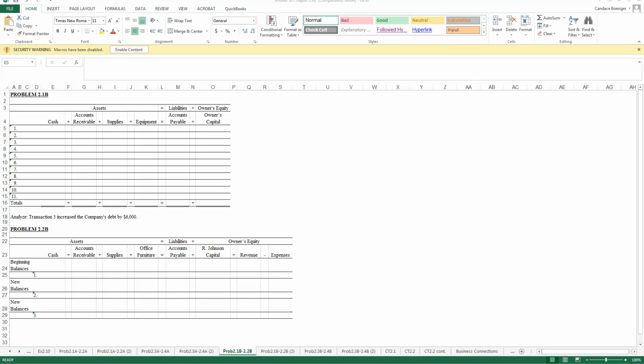Now let's look at problem 2.1b, again on page 46. We're going to go through each of these transactions and see how they fit into the accounting equation. And then the next problem, we're going to take a worksheet that has been completed and make financial statements out of it. So number one, the owner invested $36,000 in cash to begin the business.